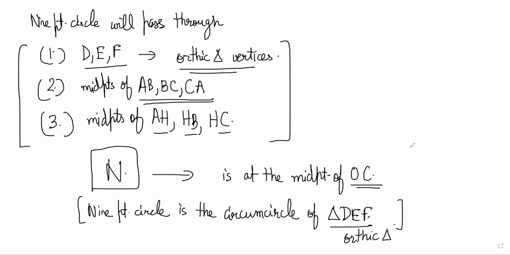Now, you can say that the orthic triangle was similar to the original triangle, right? Can the orthic triangle be proved to be similar to the original triangle? No, it can't be proved to be similar. One second, I will have to draw the figure probably for this.